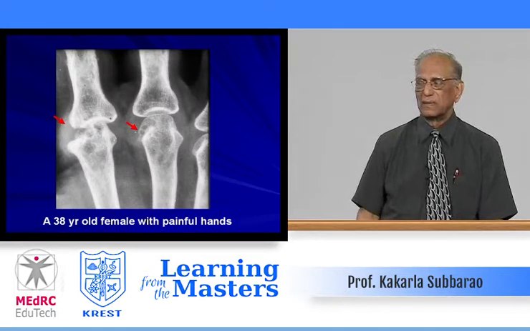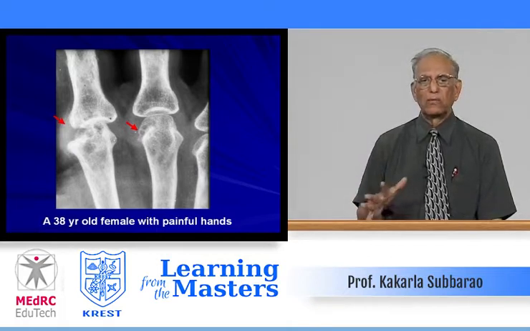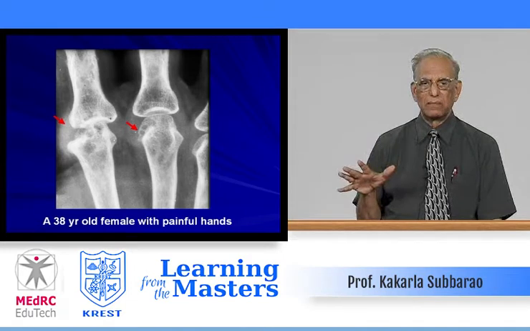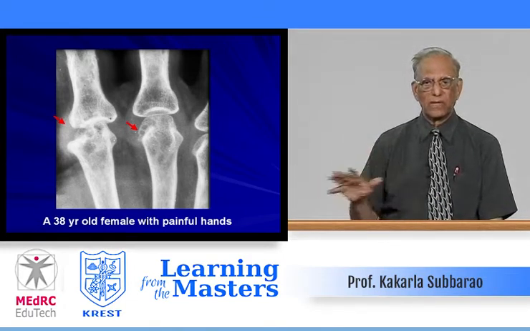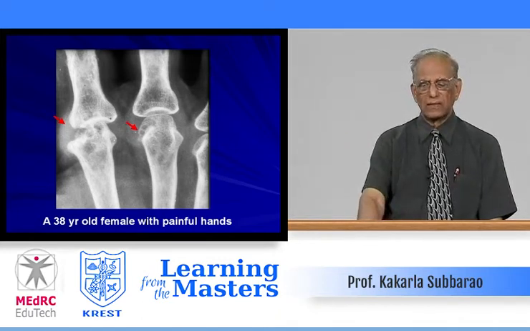Another case, radiograph of the hand, cone down views of the second and third metacarpal heads, a 38-year-old female with painful hands. And this is the plain film of one of the hands. Both hands may show similar findings, but as an example, I just showed you the focus on the second and third metacarpal heads.